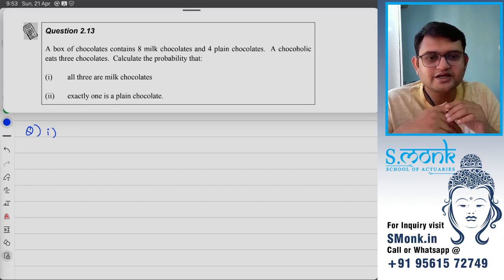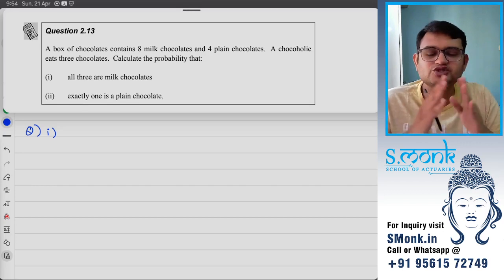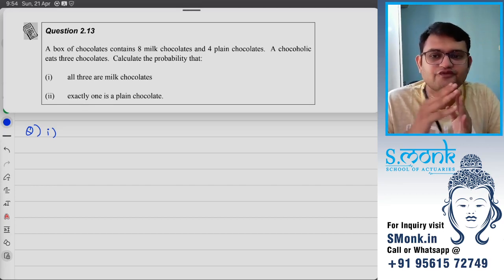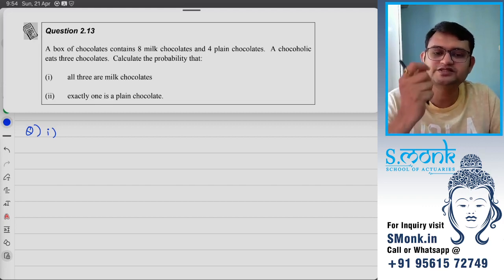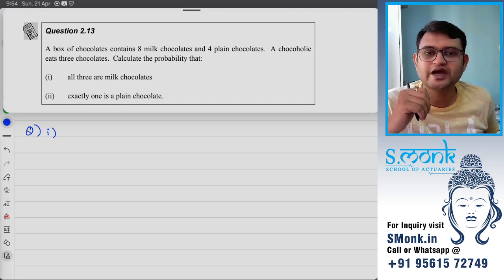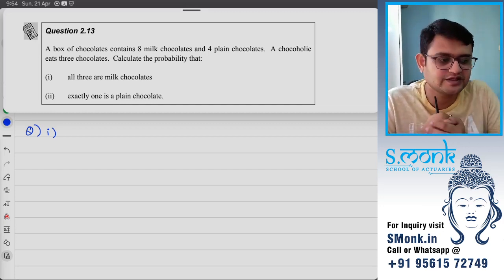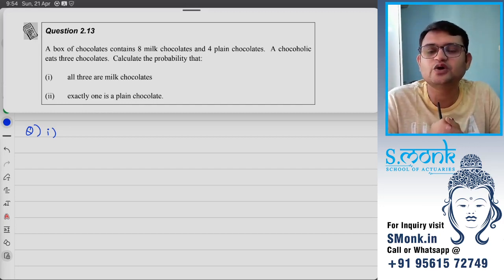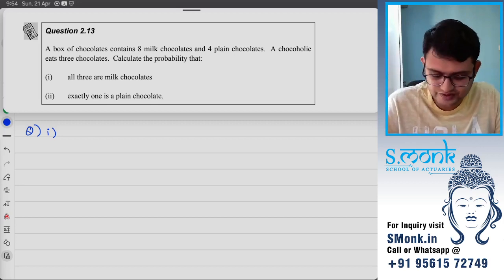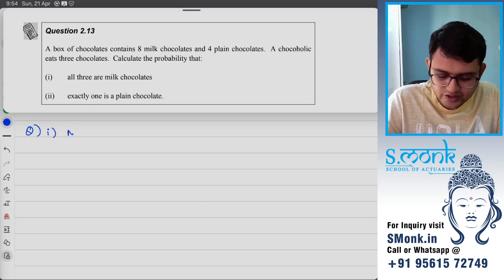Correct. But they clearly said we have 8 milk chocolates and we have 4 plain chocolates. Right? If a person eats one, let's say I eat 1 milk chocolate, now there are only 7 milk chocolates. I cannot replace it with another. So clearly this is without replacement. That means these are not independent events.